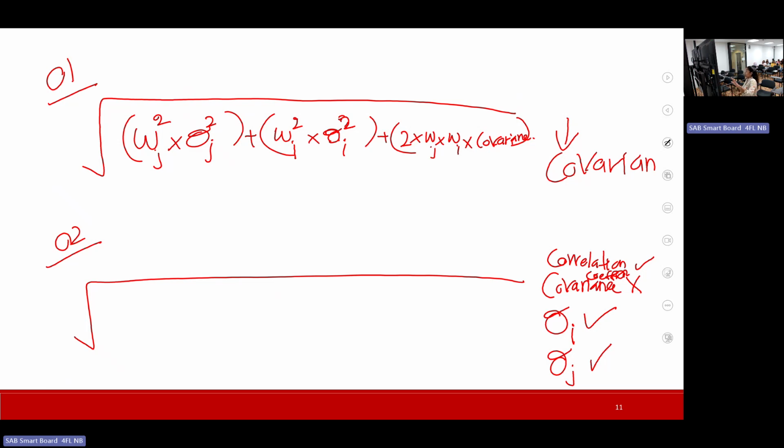What we can do now is, we want to calculate the portfolio risk.